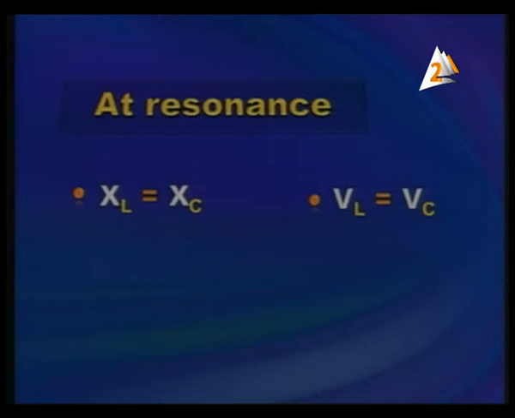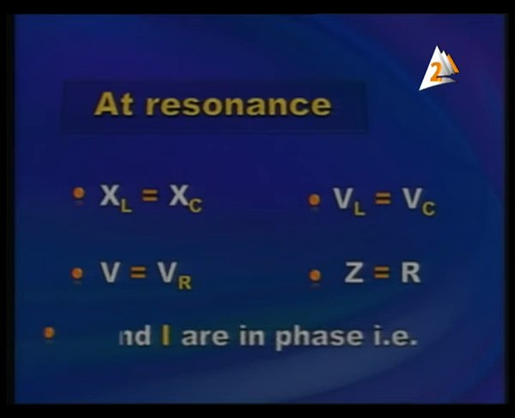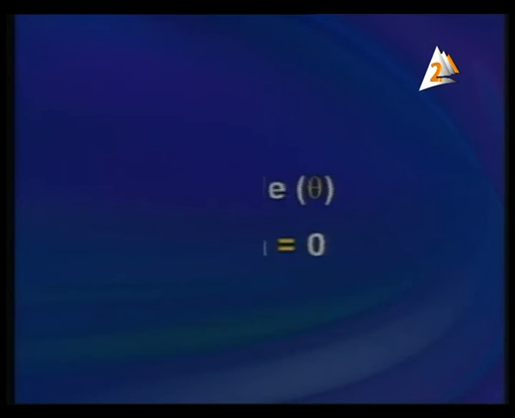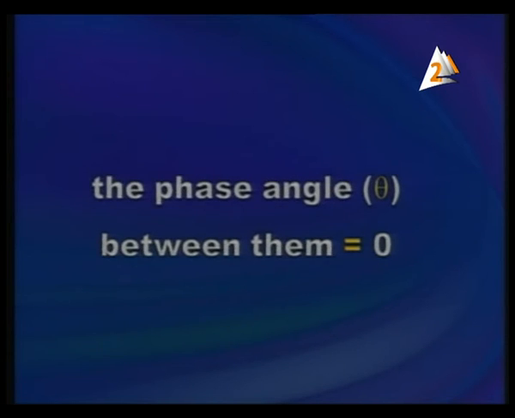Voltage across the inductor is equal to the voltage across the capacitor. Total voltage is equal to the voltage across the ohmic resistor. The impedance is reduced and is equal to the ohmic resistor. Voltage and current are in phase, that's to say the phase angle between them is equal to 0.